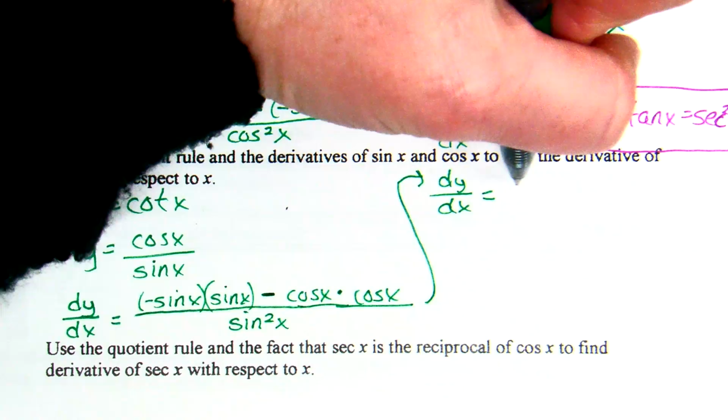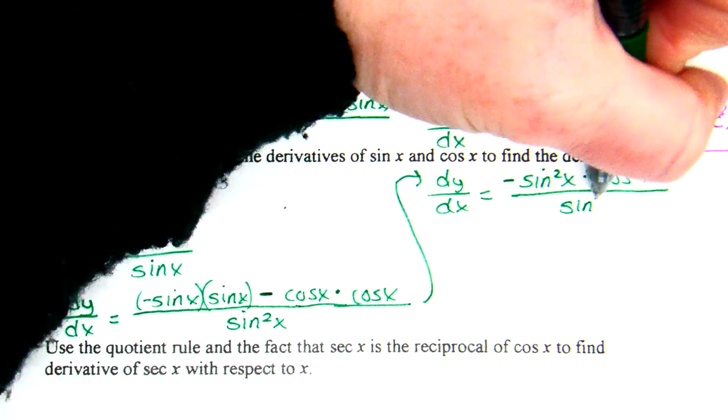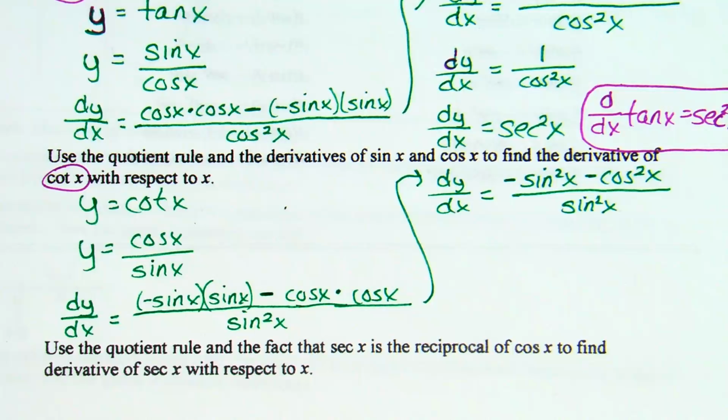Okay, clean up the top. Negative sine x times sine x is going to be negative sine squared x minus cosine x times cosine x. So minus cosine squared x, all over sine squared x. See where the next step needs to go? Yep, factor out negative 1.